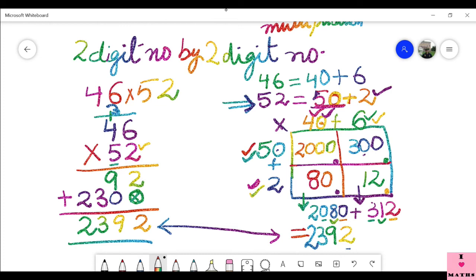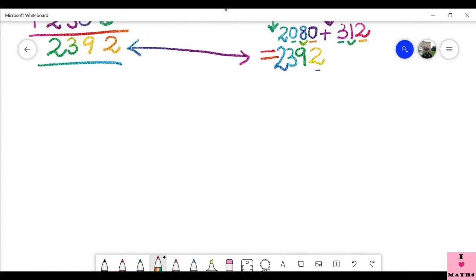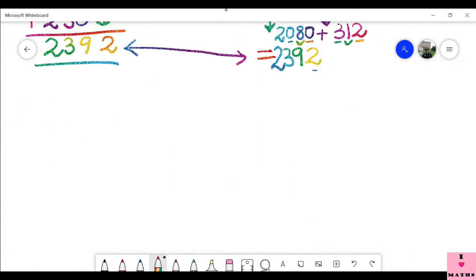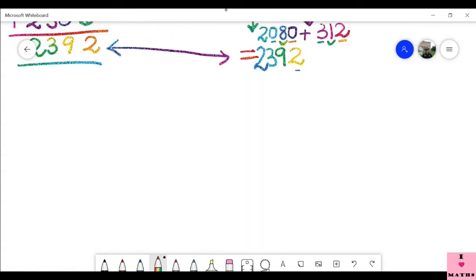Okay, now let me show you multiplication of 3-digit number with a 2-digit number. 623 multiplied by 42.